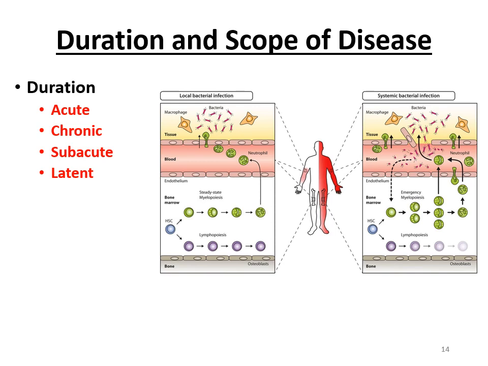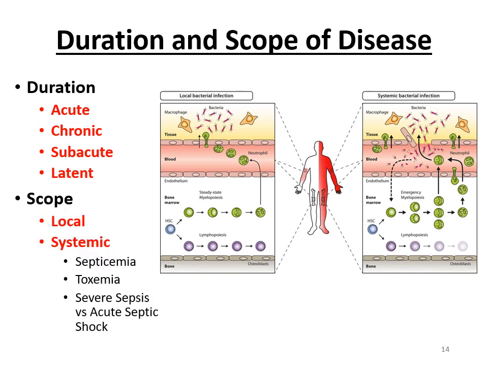Now, in addition to duration, how long these symptoms are occurring, you also have the scope of infections. And that means how widespread on your body the infection is. So local is exactly what it sounds like. Local means the pathogen stays at the original location, so the infection is just at one spot.